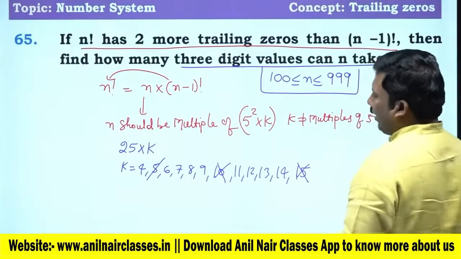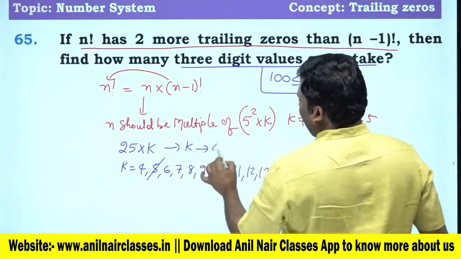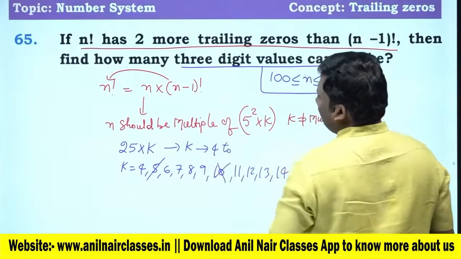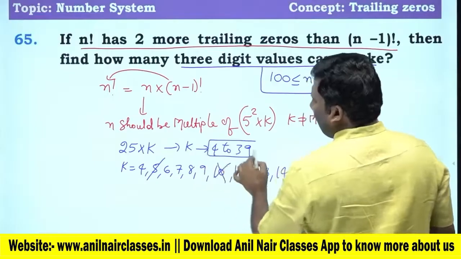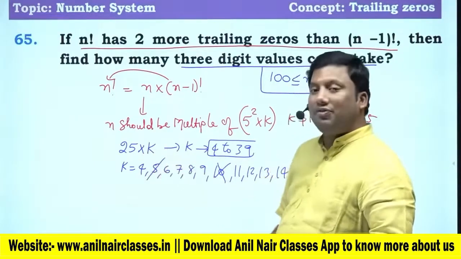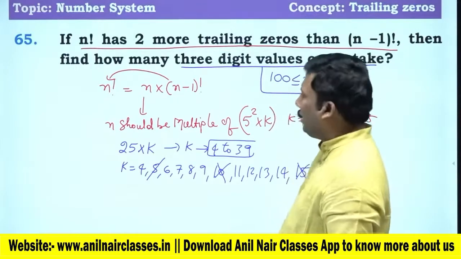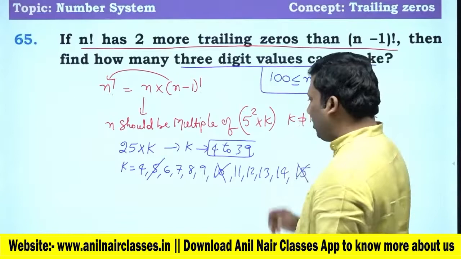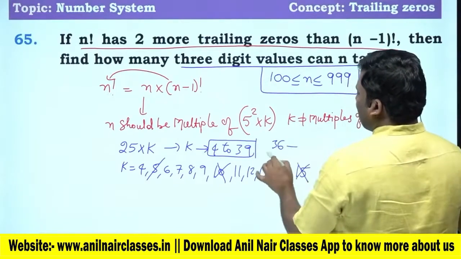So instead of writing like this, K can take first thing from 4 to 39. Am I right? Why? Because if K is 40, what is 25 into 40? 1000. But it should be a 3-digit number. So K will take 36 values.